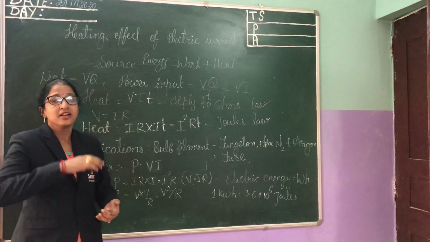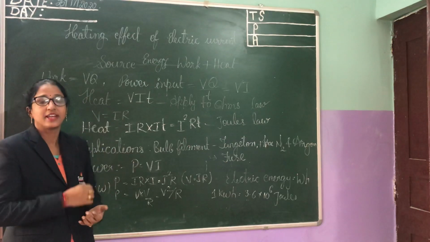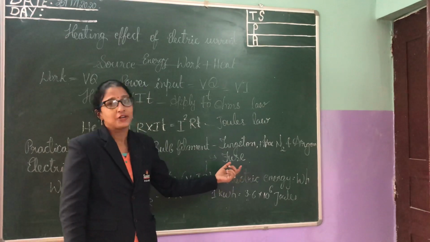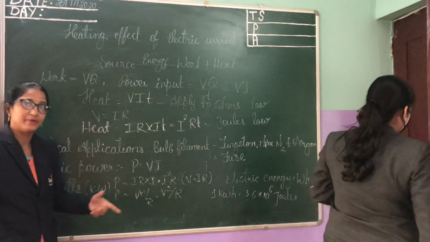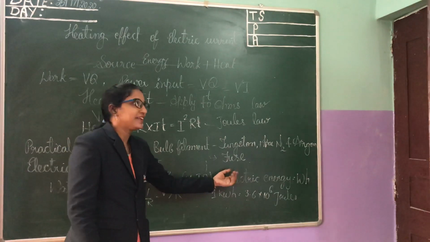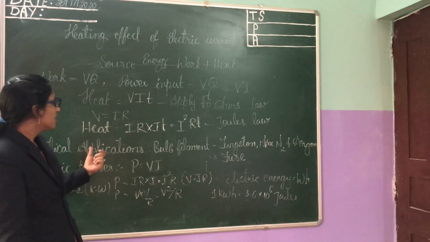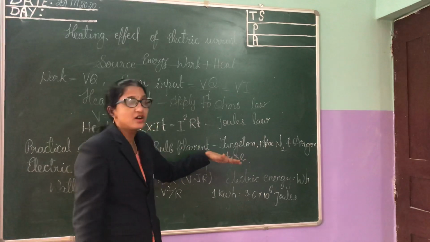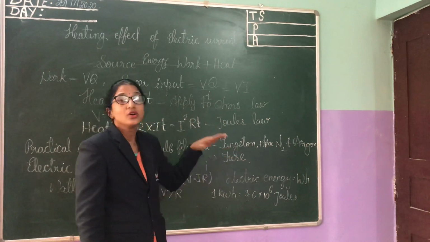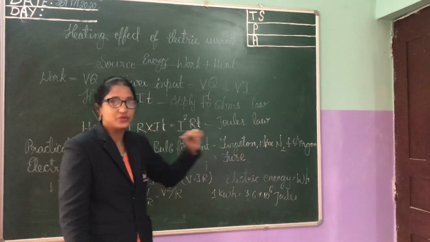If at any time too much current comes in the circuit, the fuse will melt and the circuit will automatically break. By that we can save the electric gadgets. So Joule's law helps us to prepare filaments, and it helps to save the gadgets by using fuses.